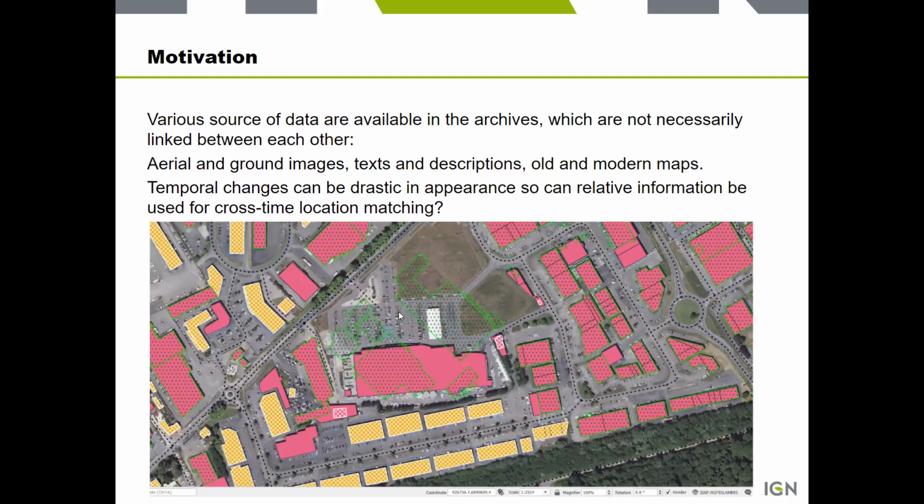So in this image, for example, you can see an aerial image on which the annotations of human-made objects are superimposed. In green, you can see the buildings which were there in 2004, and in pink the modern picture.